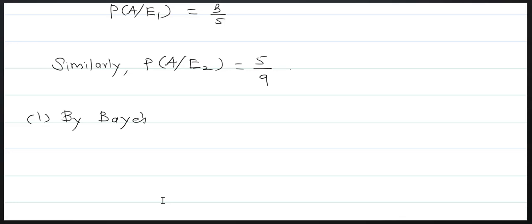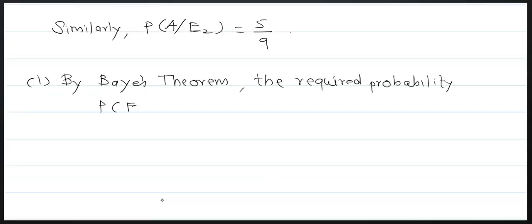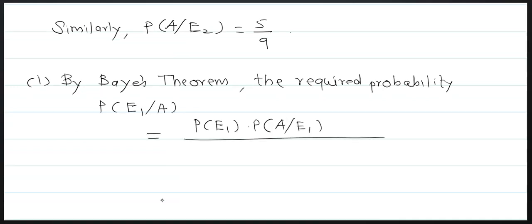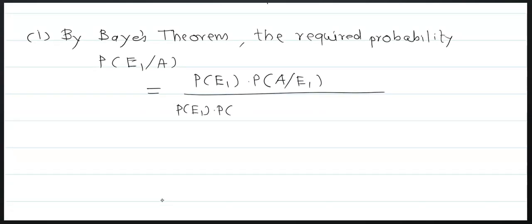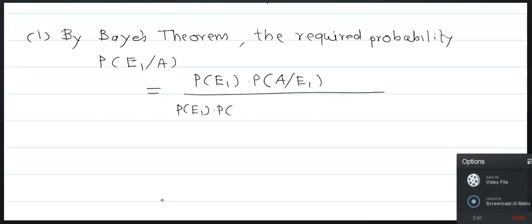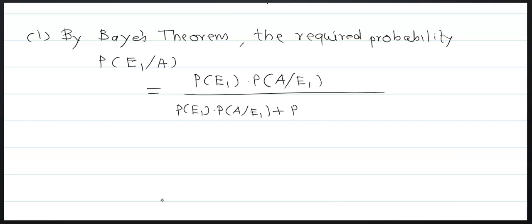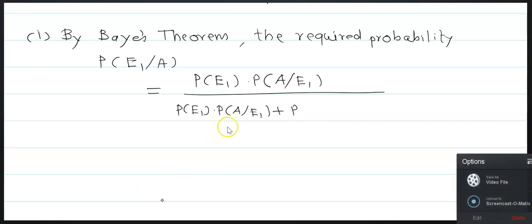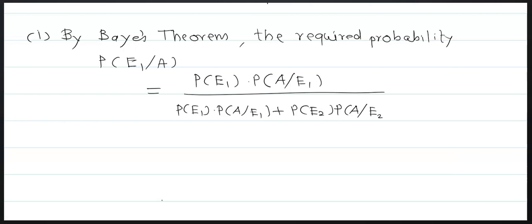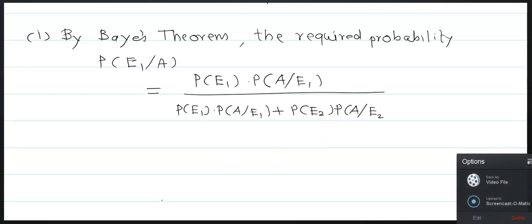And therefore, by Bayes theorem, the required probability of E1 conditional A is equal to probability of E1 into probability of A conditional E1, upon probability of E1 into probability of A conditional E1 plus probability of E2 into probability of A conditional E2.